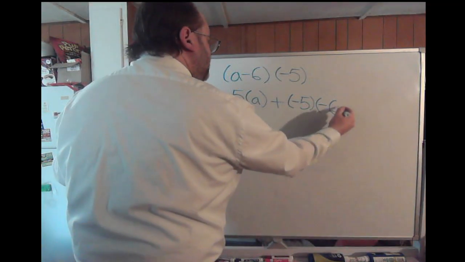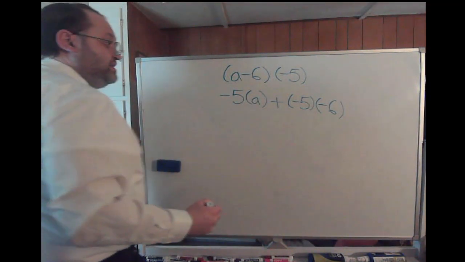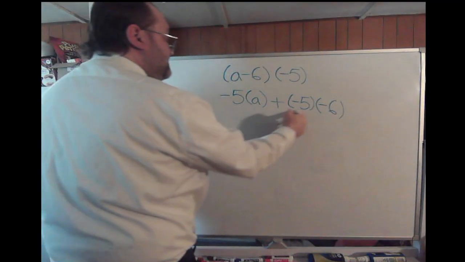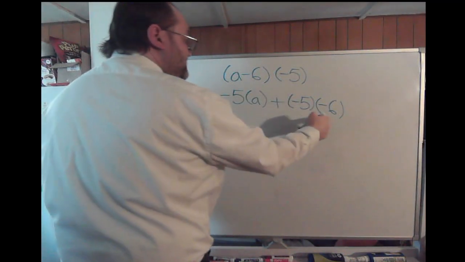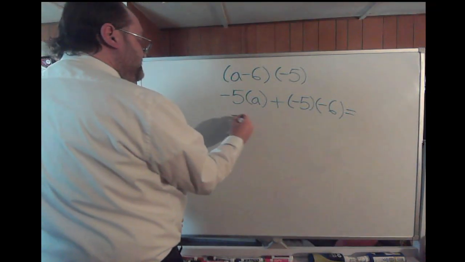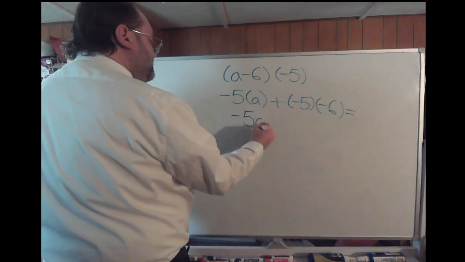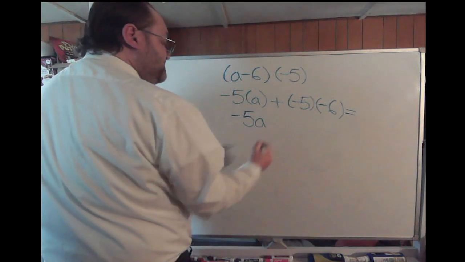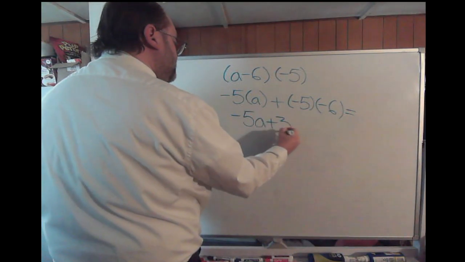We have -5 times -6. So yes, -5 times a plus the -5 times the -6 that's here will equal, well, -5 times a is -5a, plus -5 times -6, that's +30.